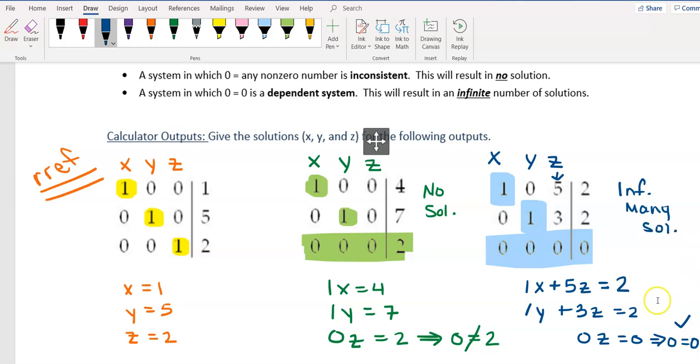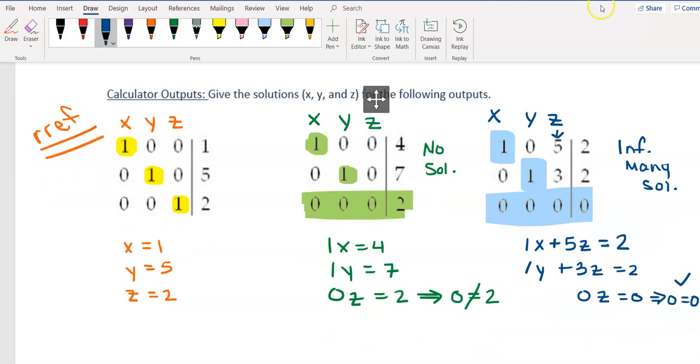Now, in your textbook, they will often ask you to tell them what x and y equal in this particular situation. And when that happens, you're going to take each of these top two equations that you got here and solve for the corresponding x and y. So in the first one, I'll solve for x. I would subtract over x plus 5z is equal to 2.